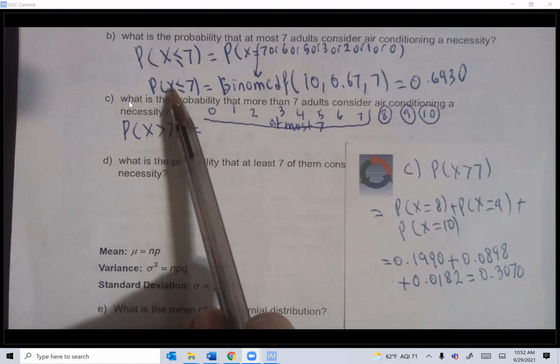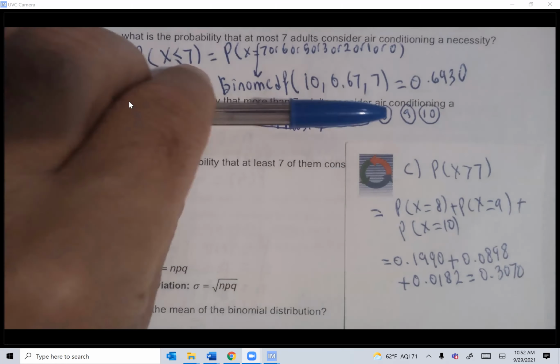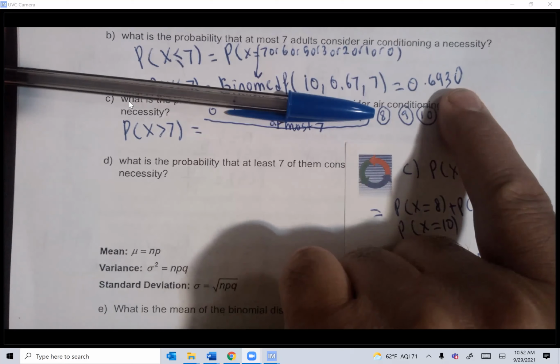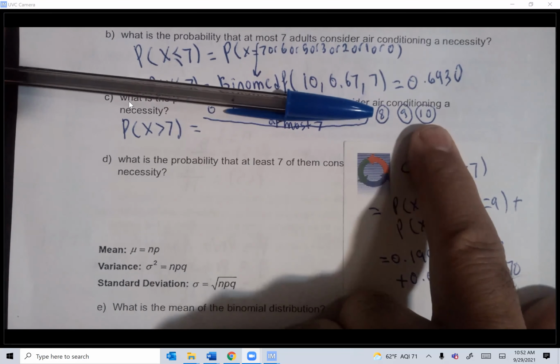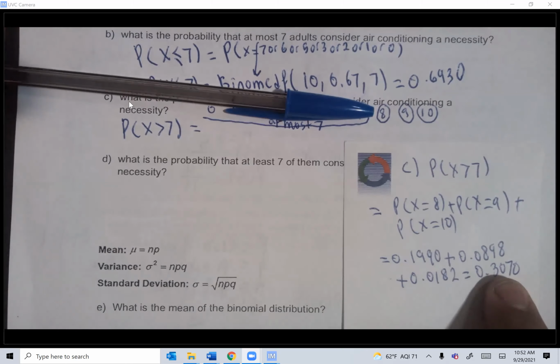And guys, you have to understand that the sum of all probabilities is equal to 1. So if I know this side, which is 0.6930, I can tell what remains for the other side. It's 1 minus, because they should add up to 1. So if you do 1 minus 0.6930, you are going to get 0.3070.